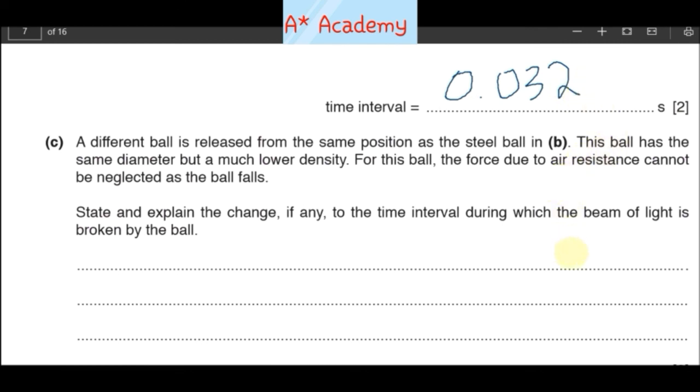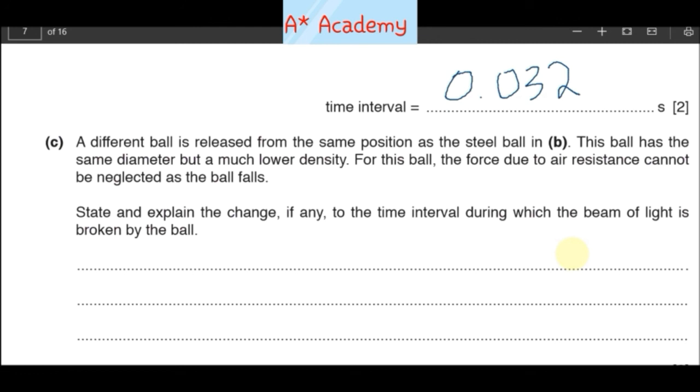A different ball is released from the same position as the steel ball. This ball has the same diameter but a much lower density. For this ball, the force due to air resistance cannot be neglected as the ball falls. State and explain the change, if any, to the time interval during which the beam of light is broken by the ball. We have two factors at play.